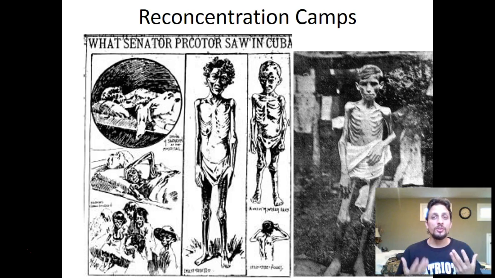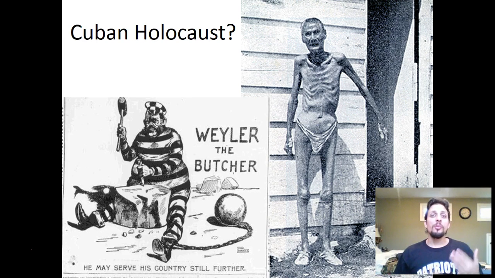And essentially, these places became just awful dens of starvation and disease and horrific conditions. So the New York World and the New York Journal are reporting what's going on in these reconcentration camps. So there are awful human rights violations happening in Cuba during the Cuban Revolution.